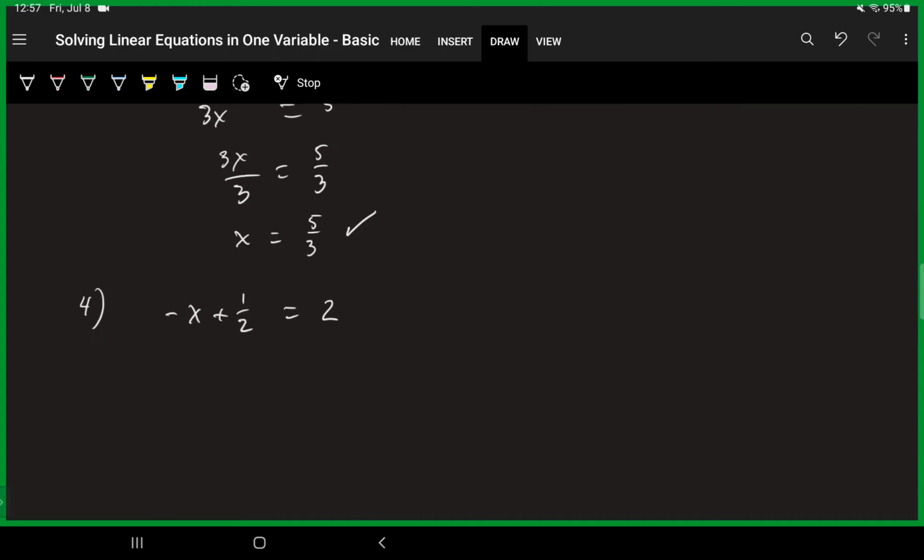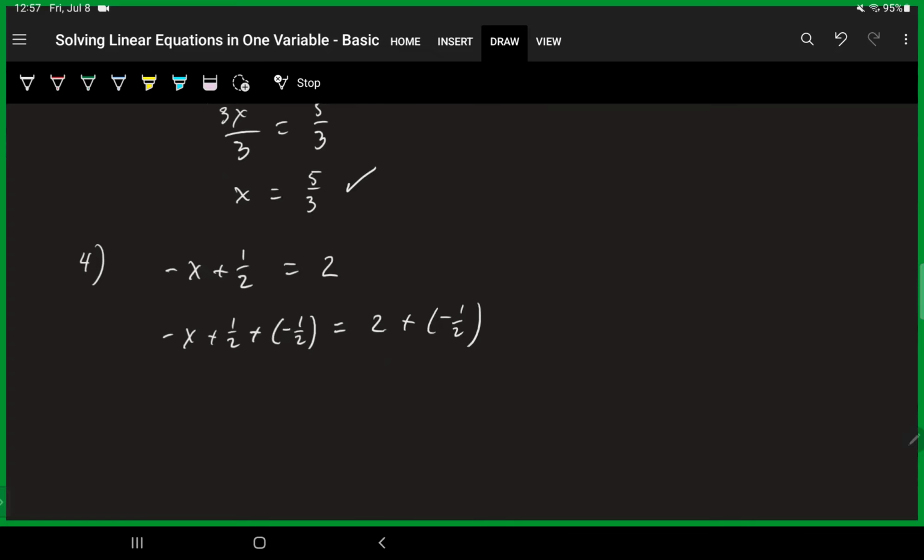We have to deal with fractions sometimes, and we learned rules for adding and subtracting fractions. That's the first thing I have to do here: subtract 1/2 from both sides. So it's -x plus 1/2 plus -1/2 equals 2 plus -1/2.